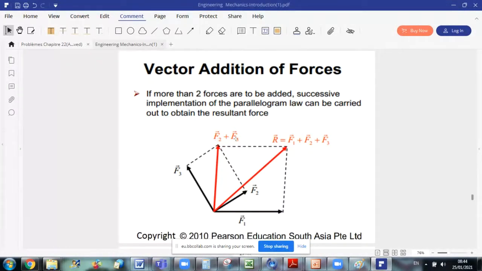Then I add F2 plus F3 to F1 to get the final resultant, which is F1 plus F2 plus F3. But as you can see, if I have a number of vectors, the geometrical way becomes impractical. This is why we will see a more practical way to find the resultant of forces, which is the analytical method.